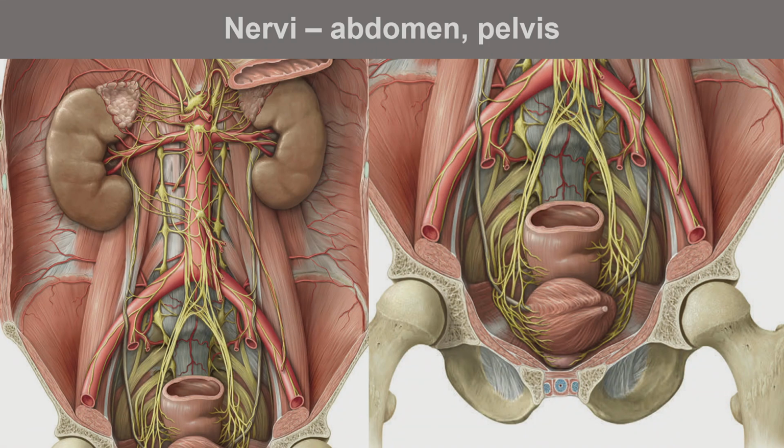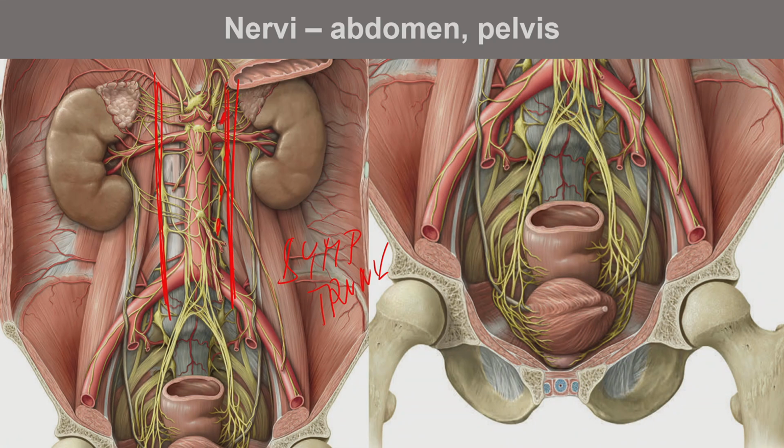We have a very important organization, located side by side with the vertebral column. This is the sympathetic trunk, and the sympathetic trunk consists of multiple ganglia.